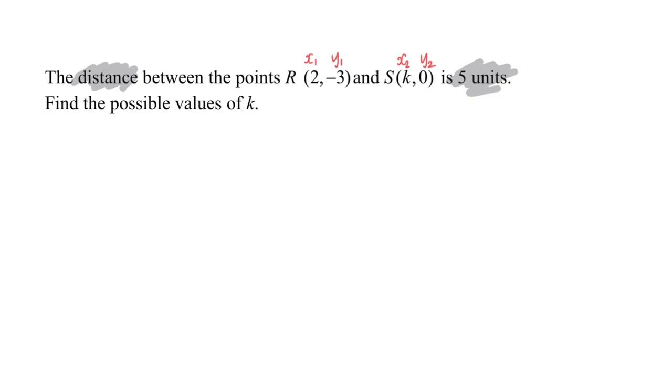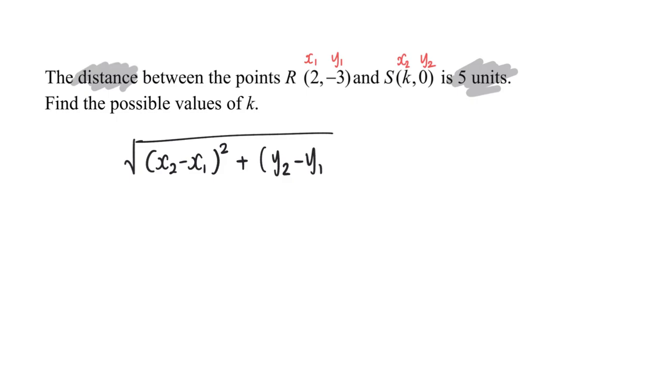The distance formula is such that it is the square root of x1 minus x2 or x2 minus x1 bracket square, plus y2 minus y1 bracket square. This one is equals to the distance.